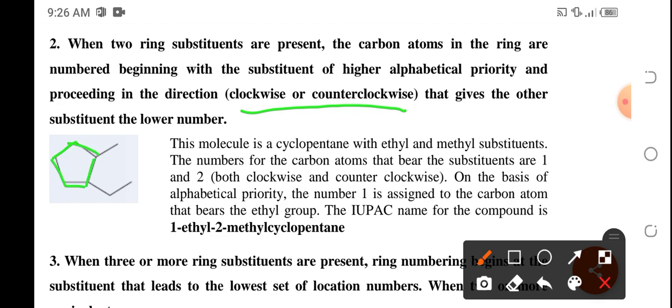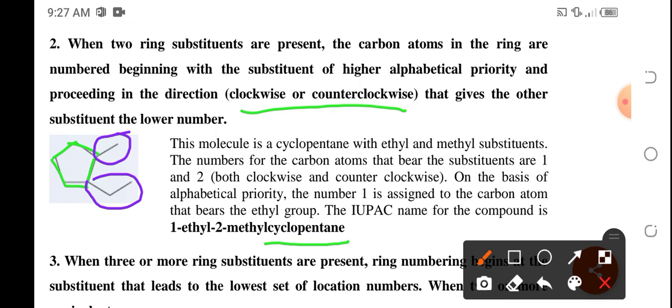That pentagon represents cyclopentane. Now, the carbon atoms that are not included in the cyclopentane are this one and this one, and they are known to be substituents. Since the substituent is composed of carbon atoms represented in the line structure, this would be alkyl.